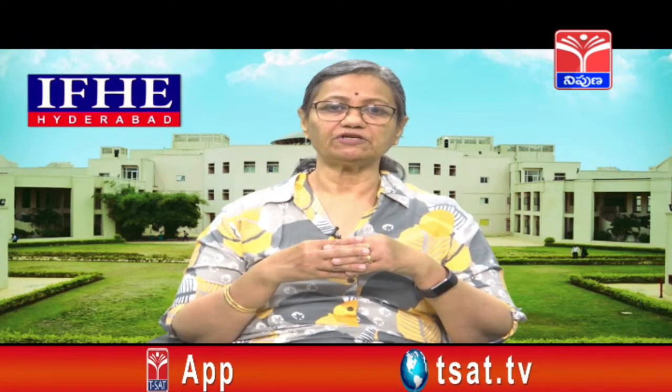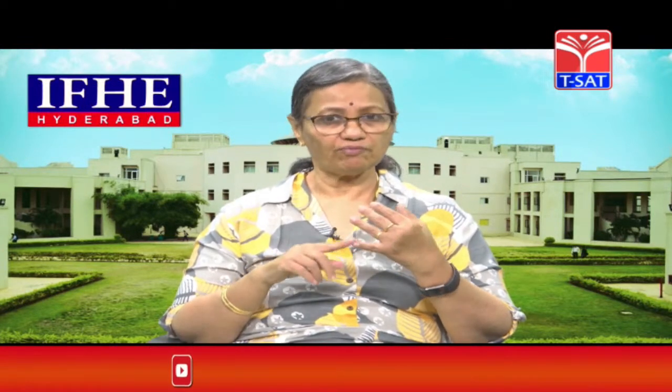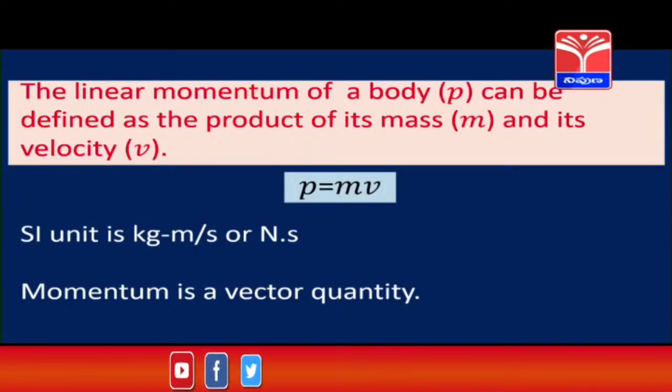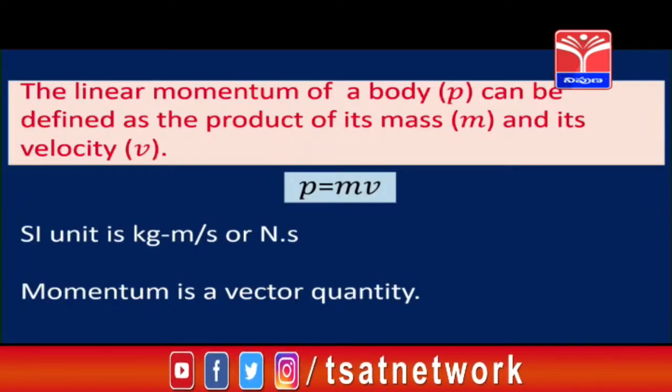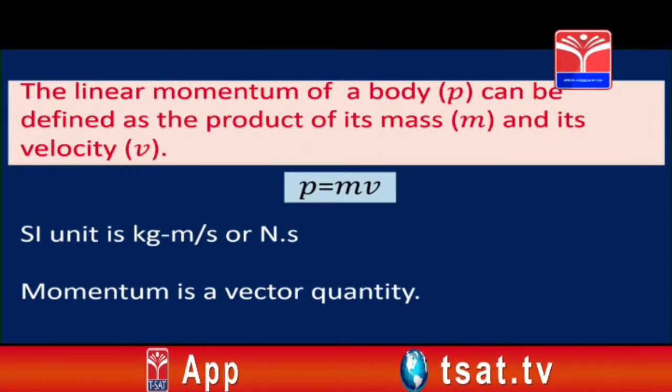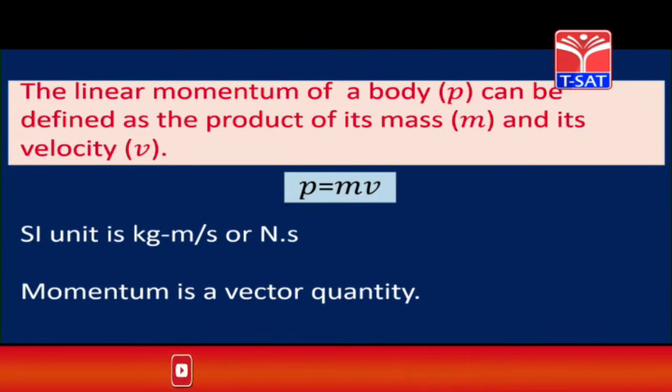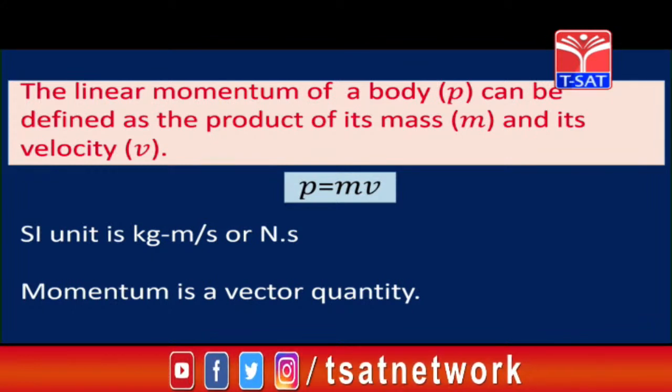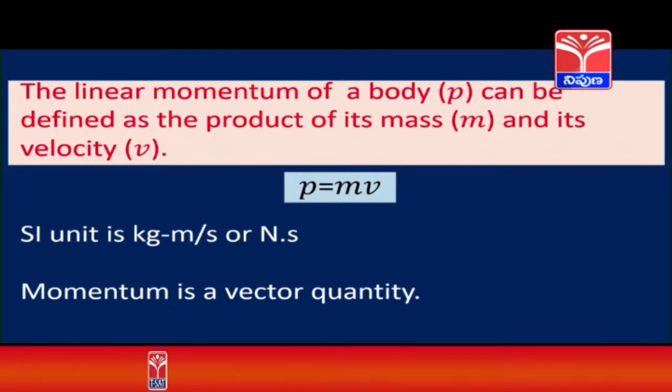By definition, the linear momentum of a body is denoted by the symbol small p, and it is defined as the product of the mass m of the body and the velocity v of the body. The momentum of a body is represented by the equation p equal to m into v.